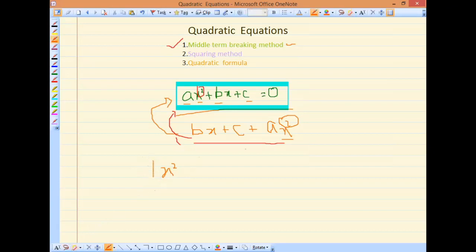We have to be careful about that. If nothing is written here, it means it's 1. Okay then. Plus 5x plus 6 equals 0.